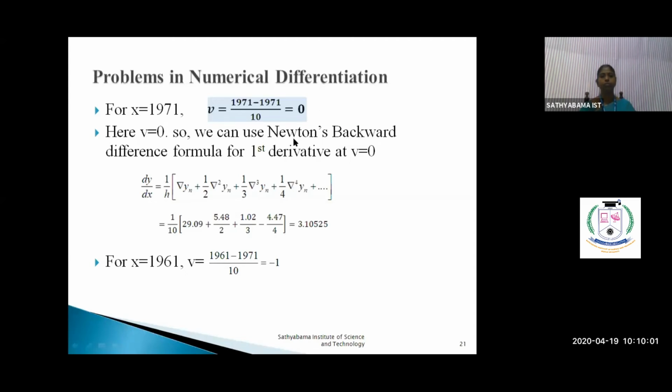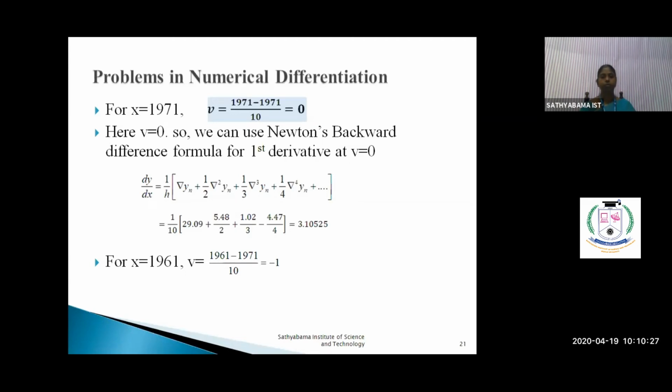Now I can use the backward difference formula to find the first order derivative. So dy by dx is equal to 1 by h del yn plus 1 by 2 del square yn plus 1 by 3 del cube yn plus 1 by 4 del power 4 yn plus etc. So this is the backward difference formula to find the first order derivative.